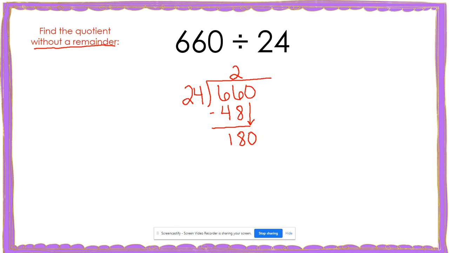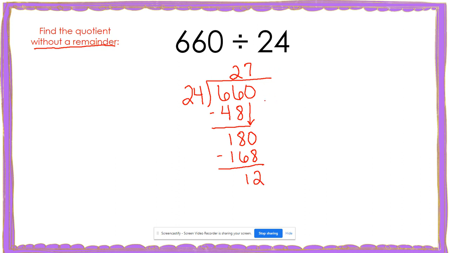Now I'm going to ask myself, what is 180 divided by 24? Well, if I do 180 divided by 24, I know that it will not go in equally, but I know that it goes in about 7 times. 7 times 24 is 168. And when I subtract, I'm left with 12.